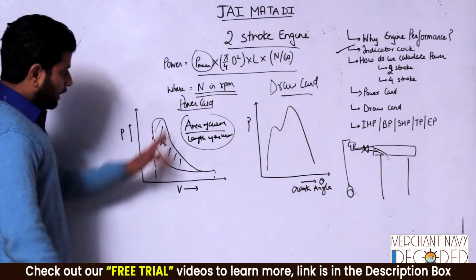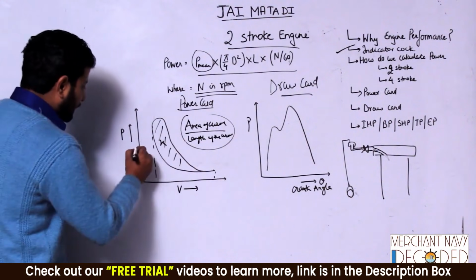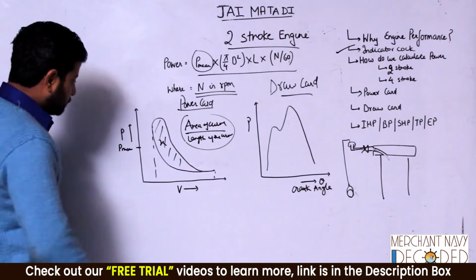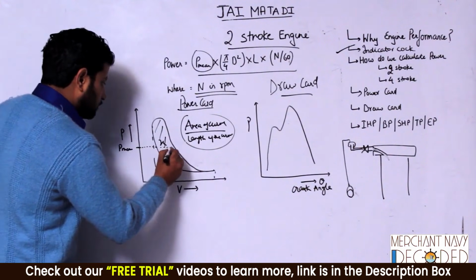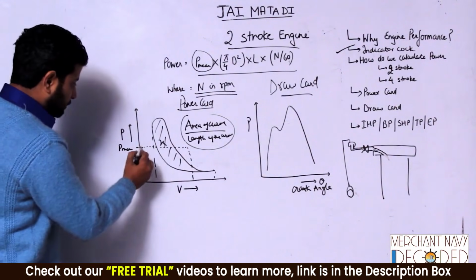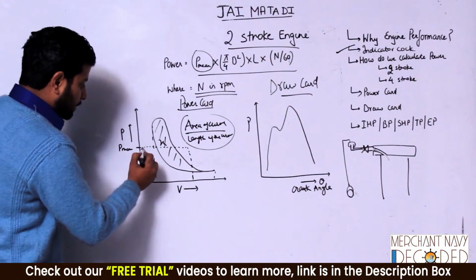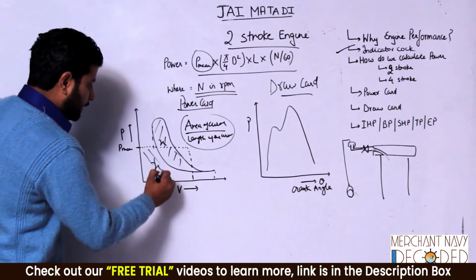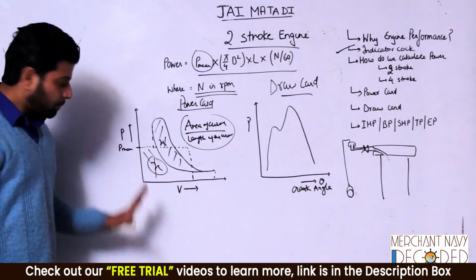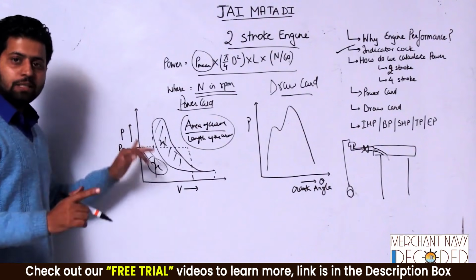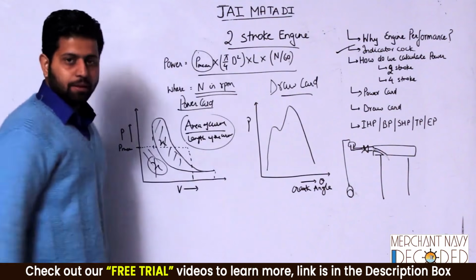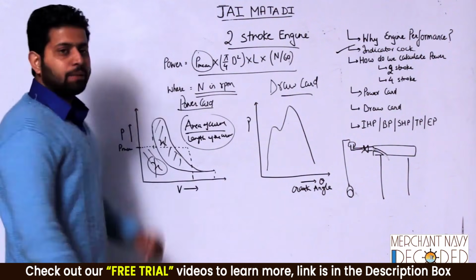If I divide by this, I get a pressure P mean over here, going the same length like this. If this becomes a rectangle and I calculate its area, it will also be x. So work done will be the same. But I have got my constant pressure which acts throughout the cycle, and I put it over here in bars. So this is how I get my power.